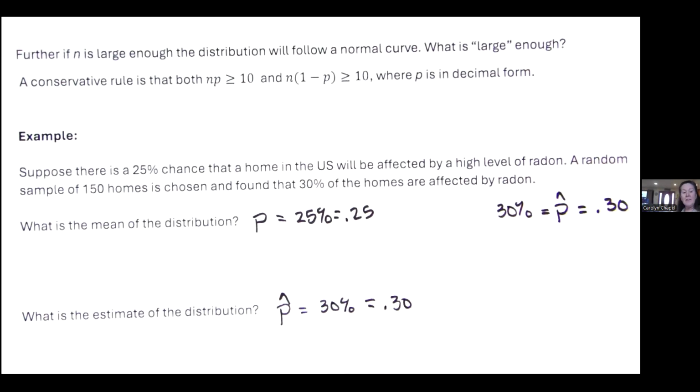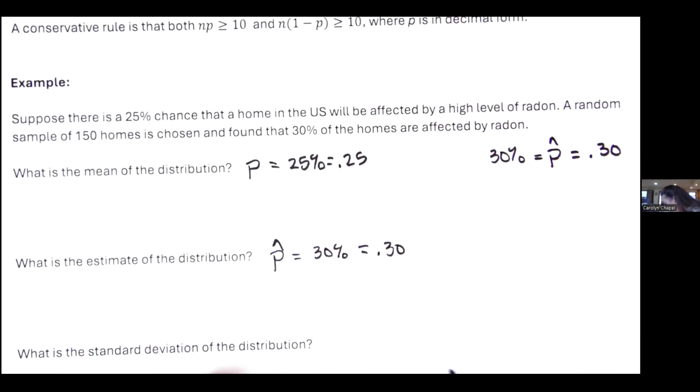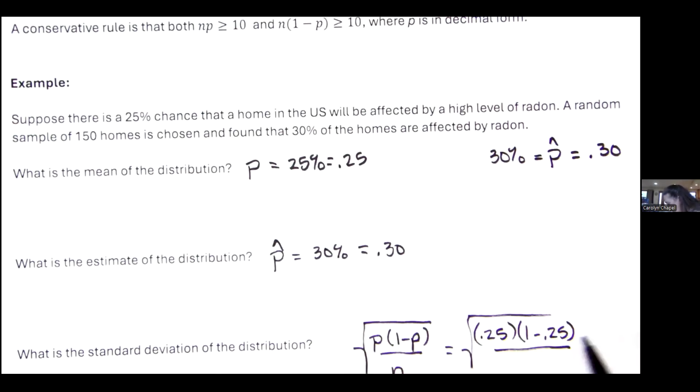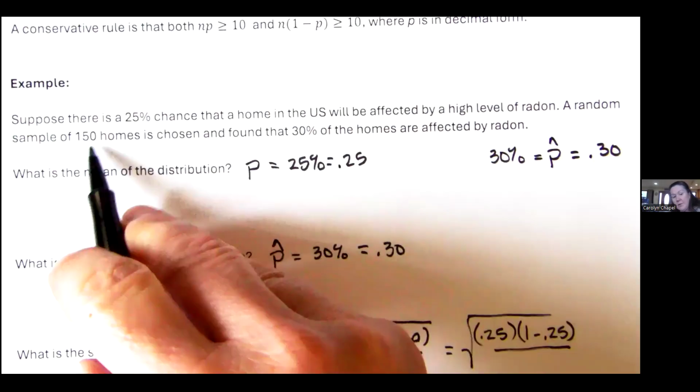What is the standard deviation or the standard error? That is going to be the square root of P times 1 minus P, all over n. Our P is 0.25, 1 minus 0.25, and our n was 150.